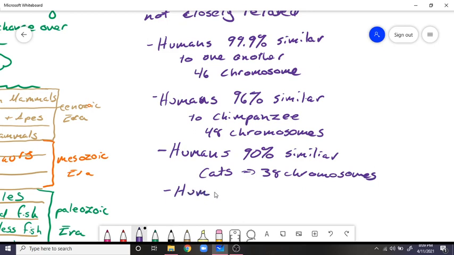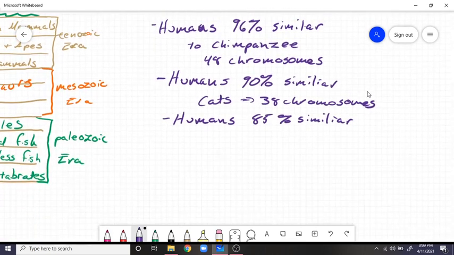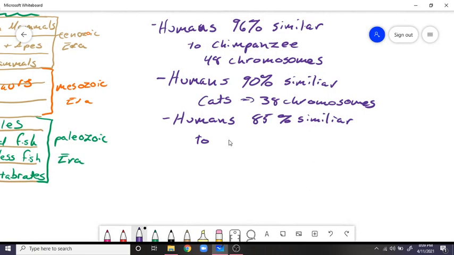If you were to compare humans and mice, and these are all of the genes that encode for proteins, mice have a much smaller genome than us. They only have 20 chromosomes.